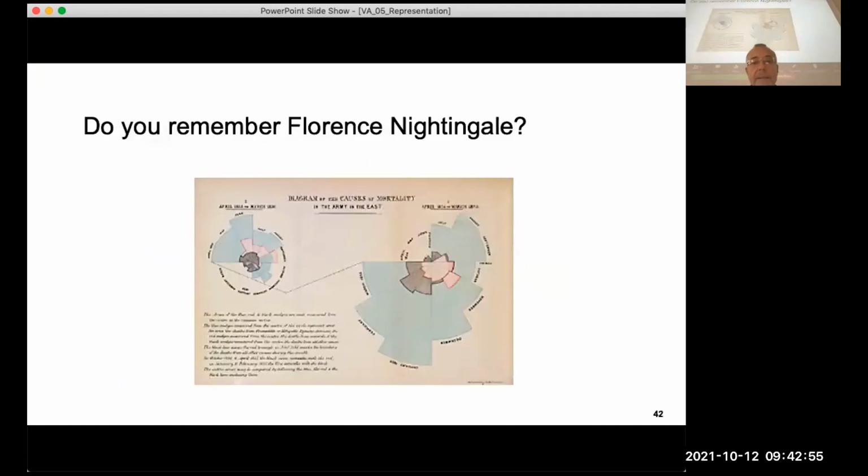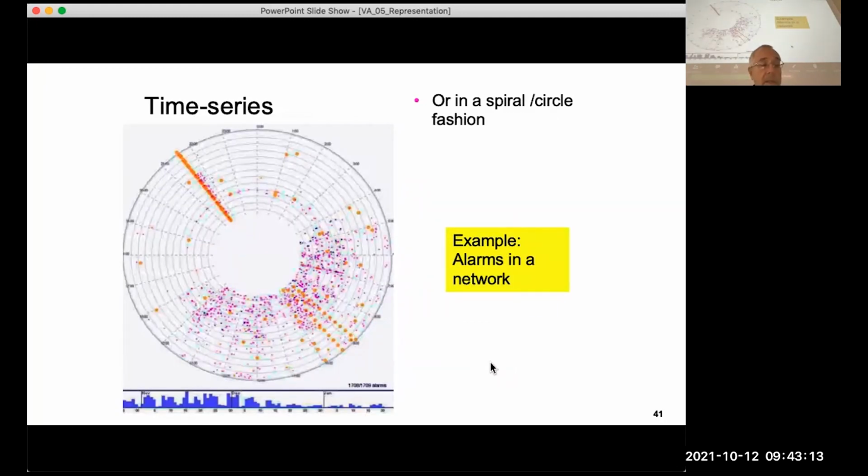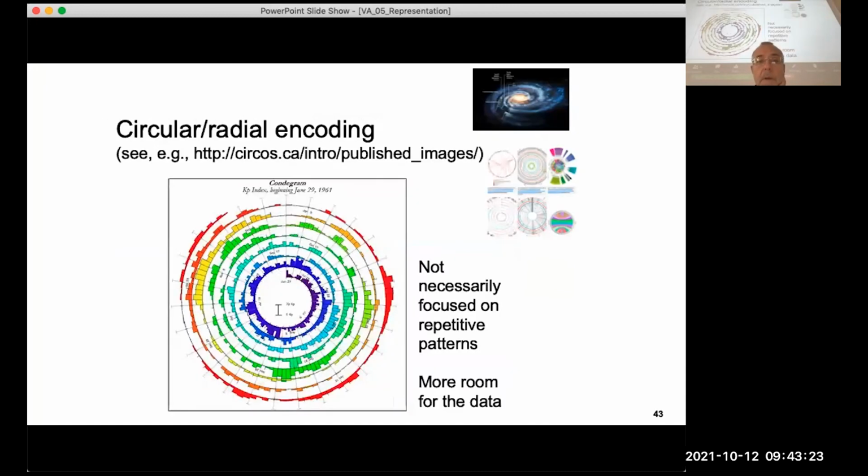If she did that, you could easily compare the value of a month with the value of the month of the next year, like we did here. You can compare the same month year by year. But the idea was there, using a circle to arrange time-oriented data for repetitive patterns. This is very powerful. I put it on the table, but I will continue tomorrow because it's enough for today.